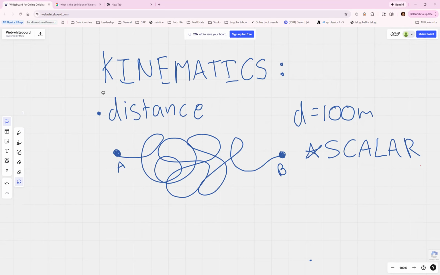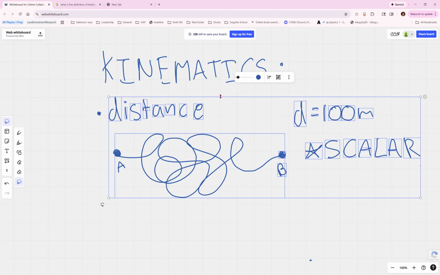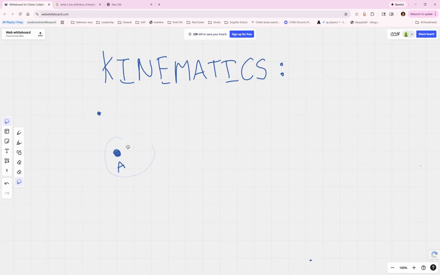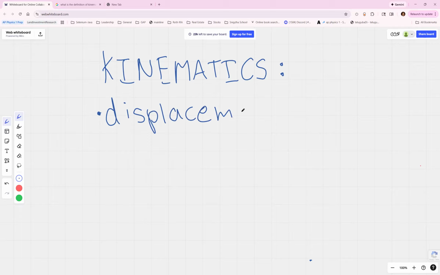And now we will talk about displacement. Okay, so now displacement. A really common misconception is thinking that displacement and distance are very similar or that they are the same thing, and that is not at all true.